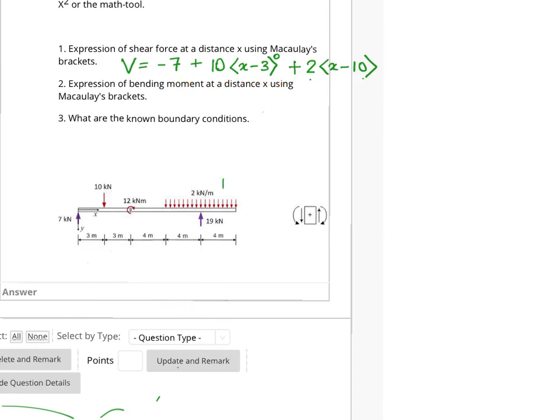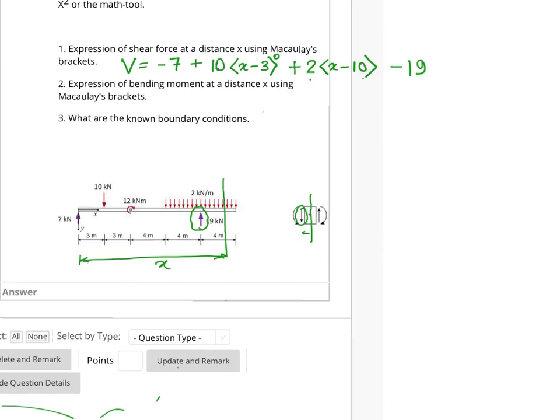Finally, if we take the section over here at a distance x, then a final load of 19 kilonewton starts to act, and that is acting upward at the left of the cross section, so that will be with the negative sign, minus 19, because this is the left of the cross section, and the force is going upward, which is the opposite sign of the one we have chosen.